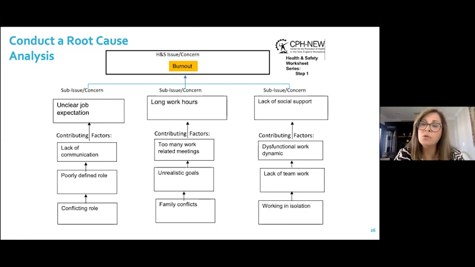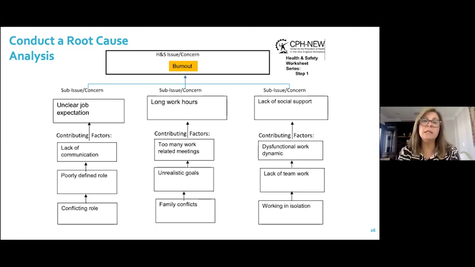Some also talked about work-life family conflicts because they have small children or family responsibilities that take away from work, and they have to work during weekdays or weekends and long hours. For lack of social support, they said the contributing factor is dysfunctional work dynamics in this organization. There is not much communication between management and employees. We have lack of teamwork, and we also work in isolation.